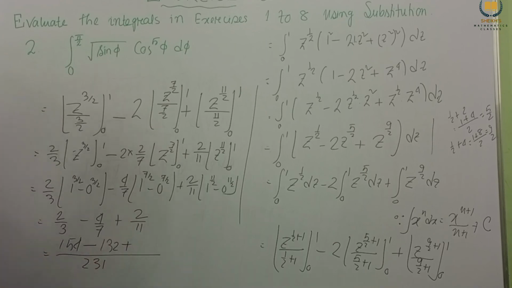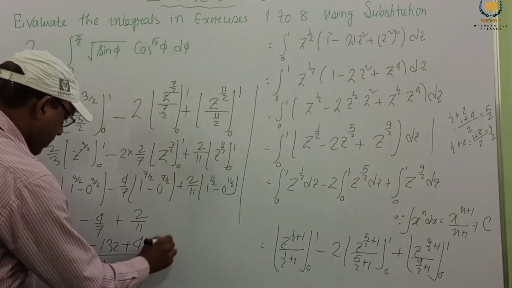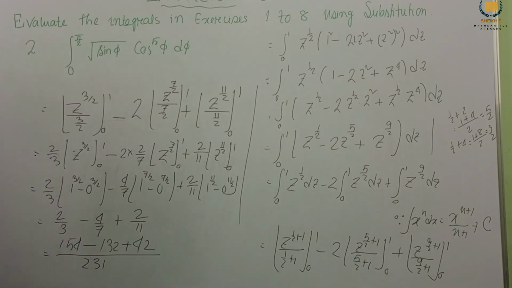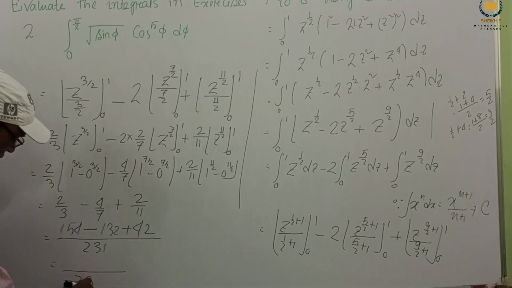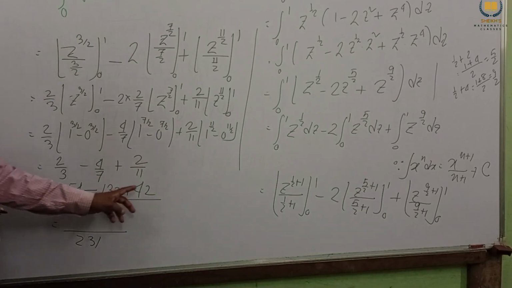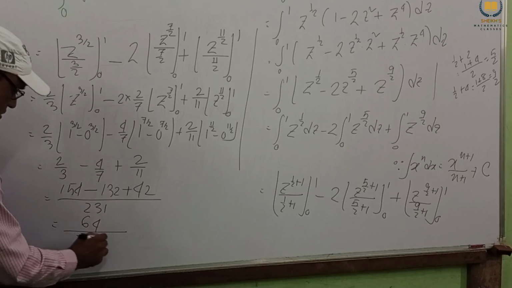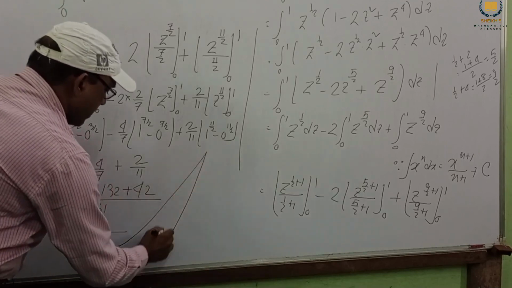And 11, 21 times, 21 into 2, we get 42. So if we calculate this, the denominator remains the same, 231, and if we subtract this and add this, we get 64. So this is our final answer.